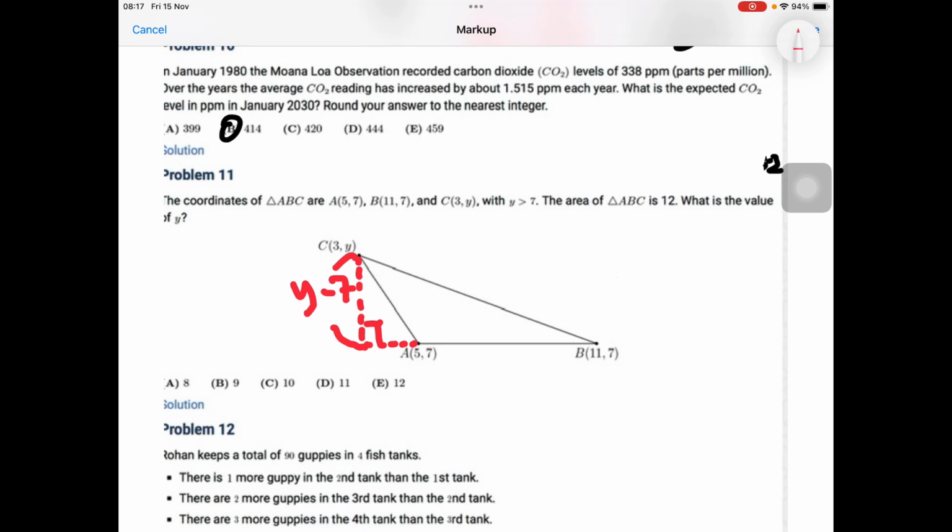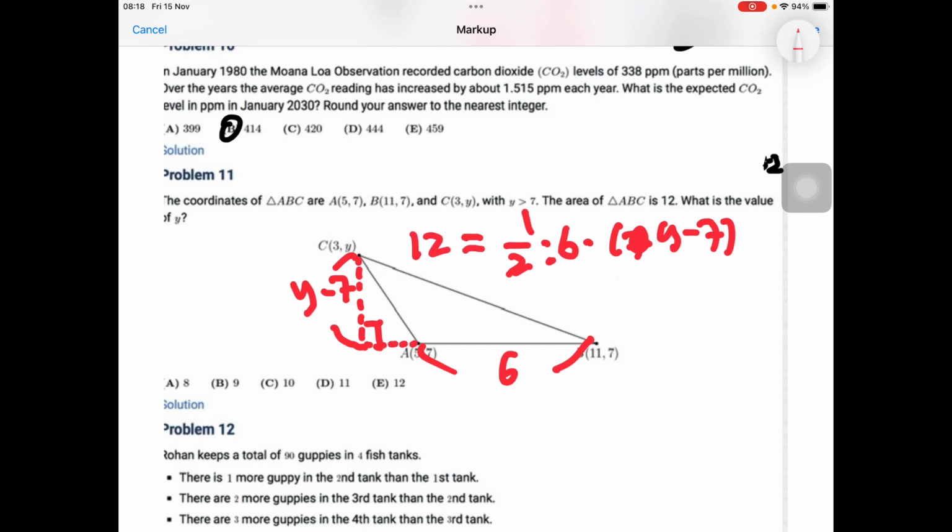Always the difference is the larger number minus the smaller number. So this is y minus 7, which is the height, and this is 6. So now the area is half times 6 times (y minus 7). Sorry, this is 12. So 3 and 4, so y is 11.